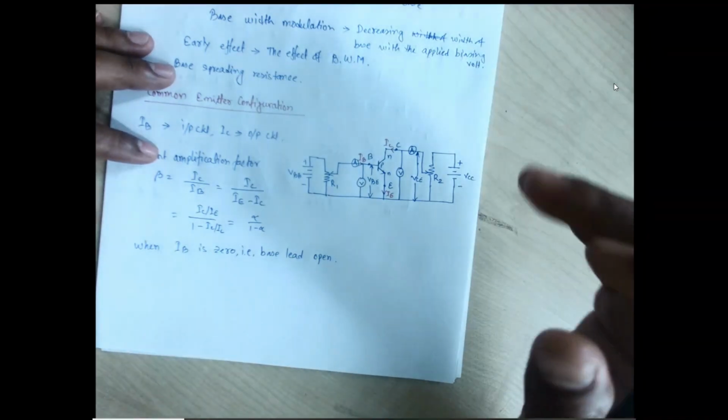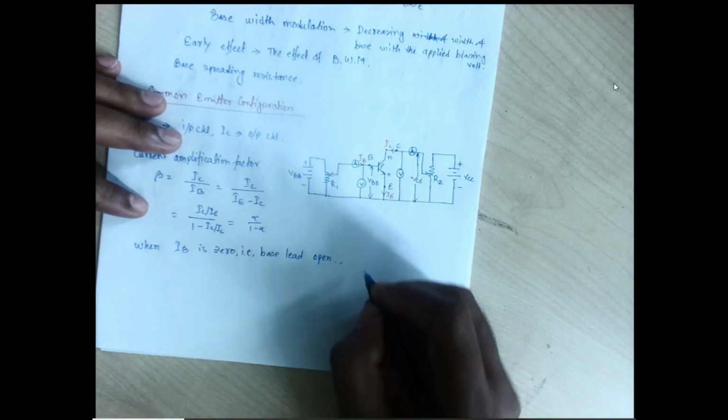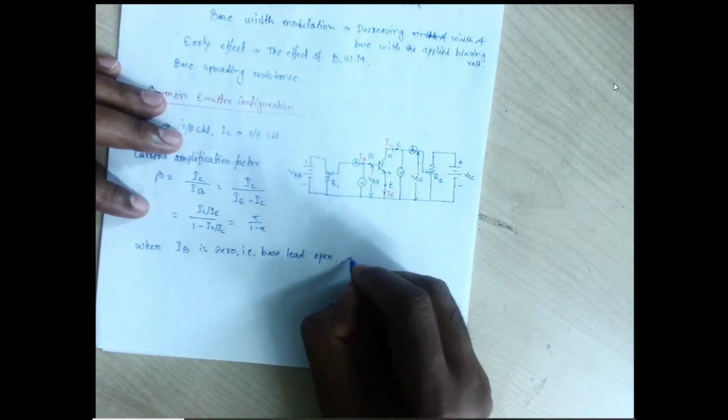Initially, due to diffusion or concentration gradient, some charge carriers are able to move from this emitter base junction towards the collector. So a minimal amount of current will flow. That is known as the collector cutoff current, ICEO. So when the base lead is open, the collector cutoff current will exist.